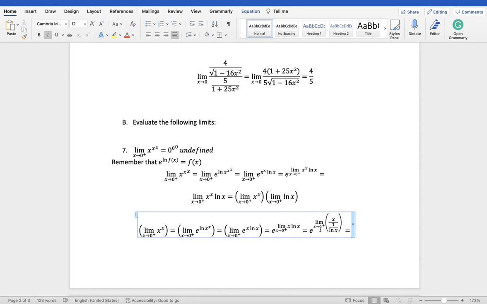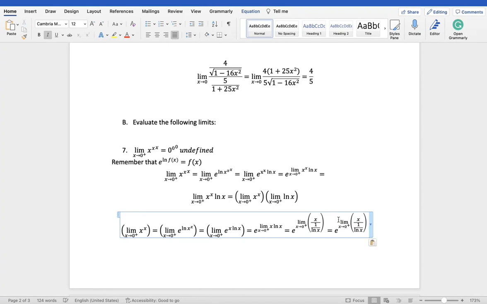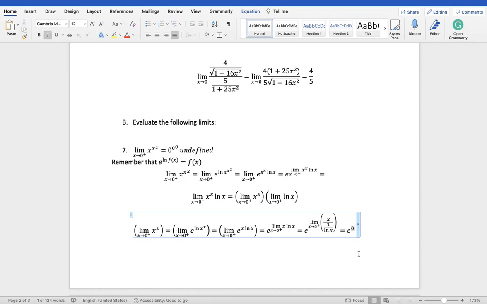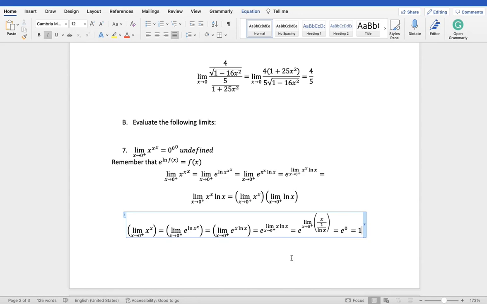But you should basically get that this limit in the exponent here is equal to 0. You should get 0 there after you apply L'Hopital's rule. And this should give you e to the 0, which is 1. So you would have found that this limit is equal to 1.